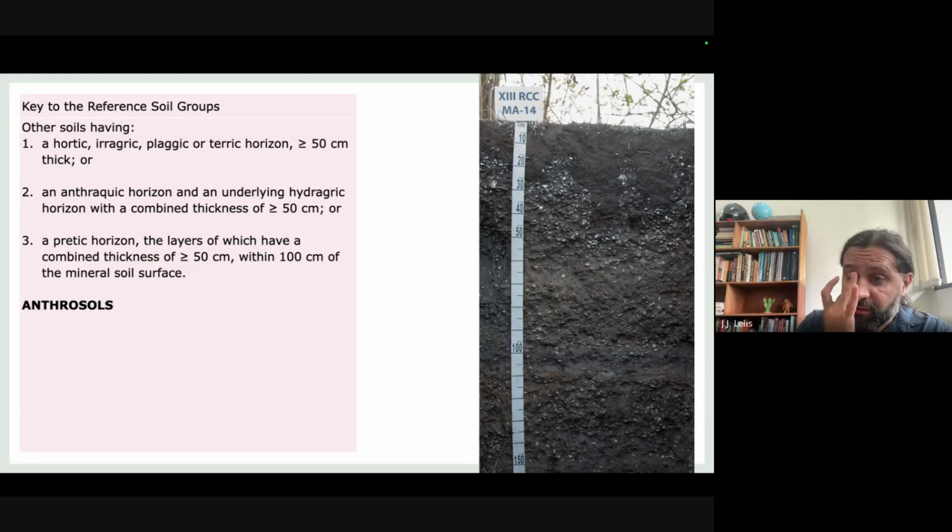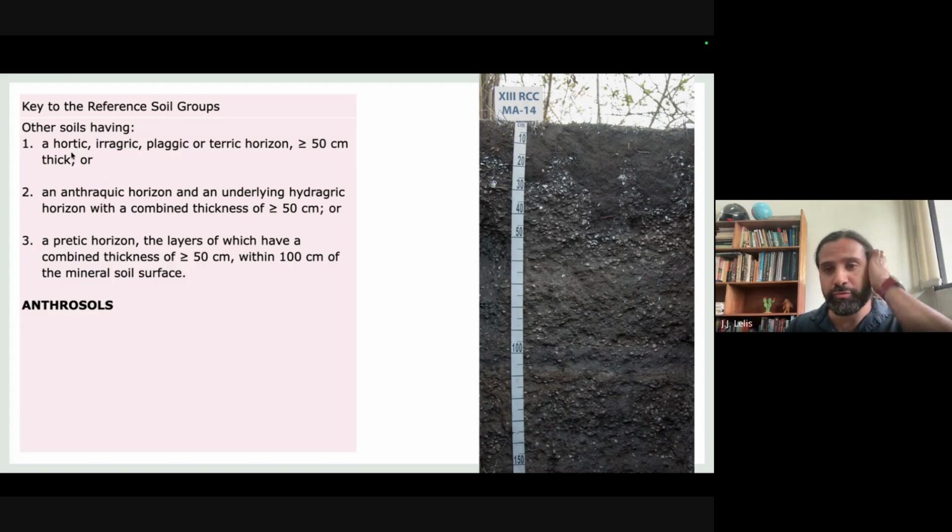Now, let's see those soils that are not histosols. So you can see that here we start with other soils, soils that do not fit the criteria for a histosol, and they have a hortic, irrigic, plaggic, or terric horizon with 50 centimeters or more of thickness.